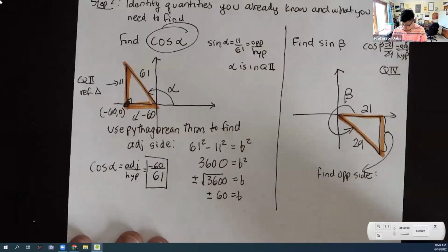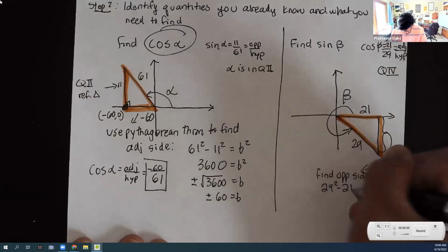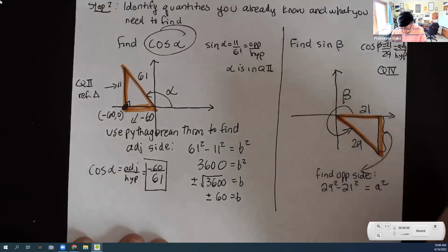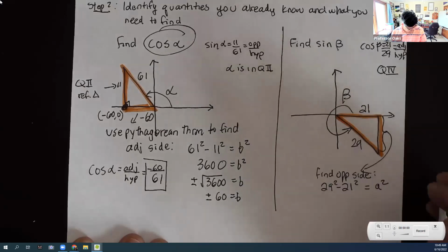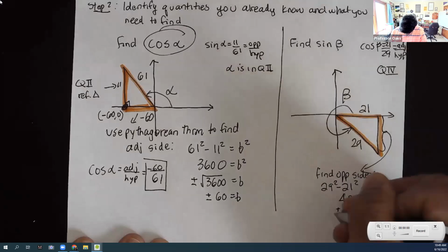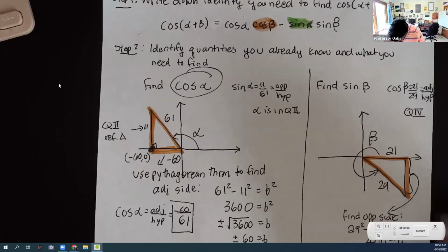So 29 squared minus 21 squared is, whatever letter you want to call it, maybe a squared, it doesn't matter, and it is 400. Then you take the square root. Even though it's plus or minus 20, because it's in quadrant 4, it will be negative.